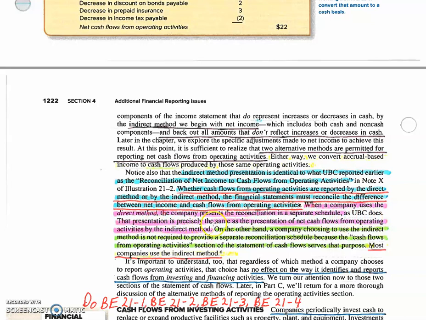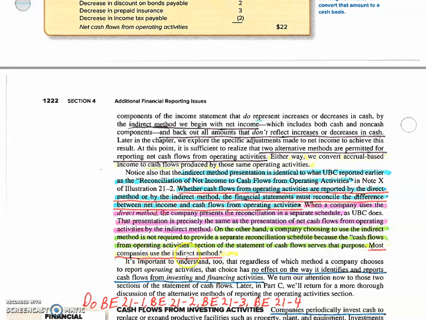That presentation is precisely the same as the presentation of net cash flows from operating activities by the indirect method.